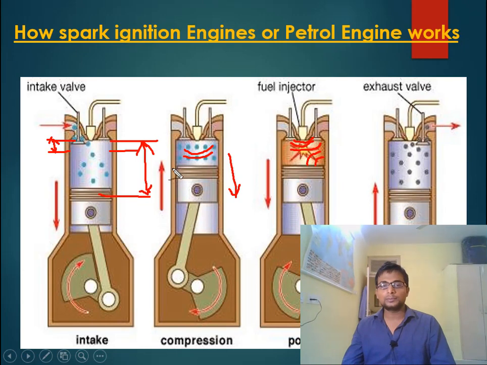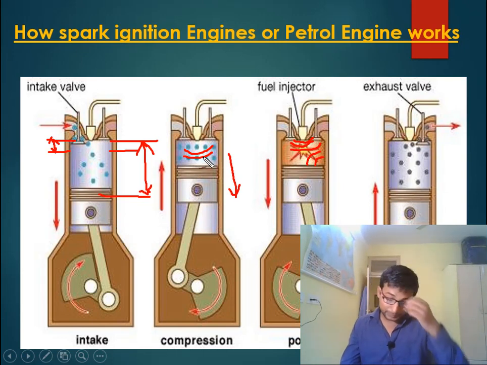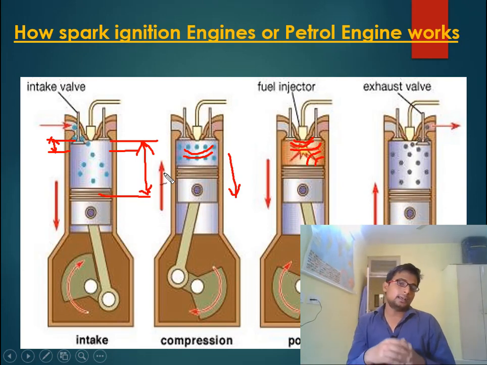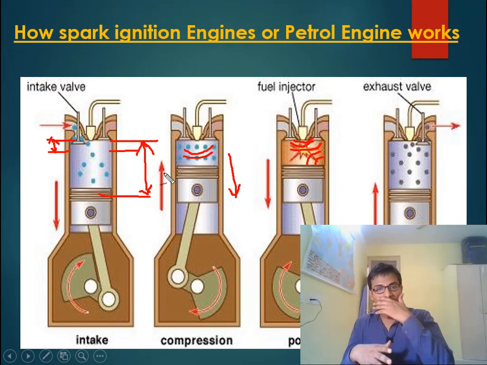Due to high compression ratio, the pressure increases very high, and because of that pressure, a high temperature is reached, and the fuel-air mixture may auto-ignite without any help from a spark plug, and knocking may take place. This is one possible reason. Another possible reason is that, for a given compression ratio, it also depends on the fuel quality.